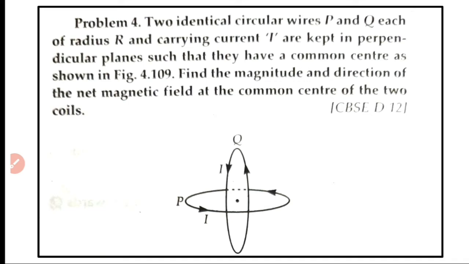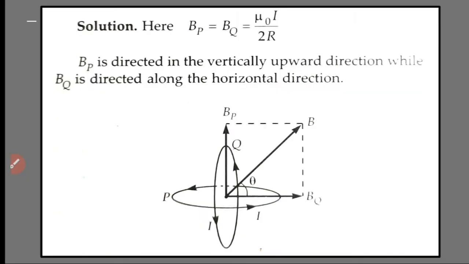Due to the first coil, you can see the current is flowing, and you can use the right hand thumb rule. So you can find that the magnetic field is in positive y direction. Okay, due to the first coil, or coil 1, the magnetic field is in positive y direction.